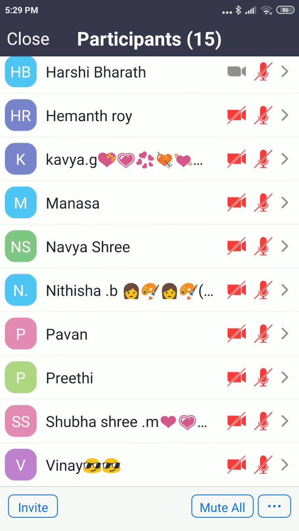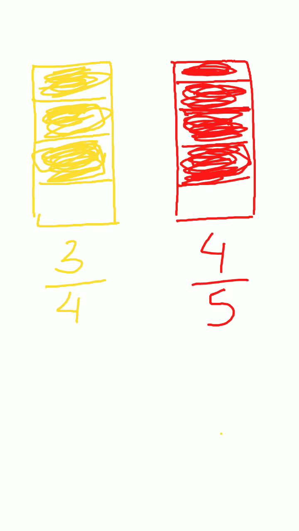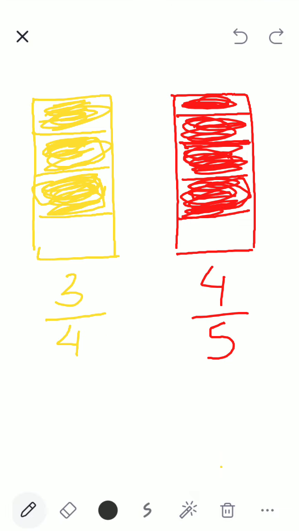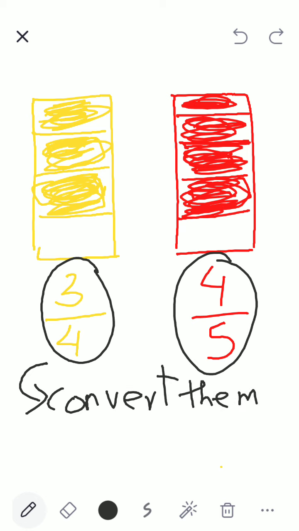Okay. So let's go to this first drawing and see this 3 by 4 and 4 by 5. Let us now see how to compare these two fractions. The first step to compare these fractions is that we have to convert them to like fractions. These are unlike fractions because the denominator is different. So we have to convert them to like fractions.